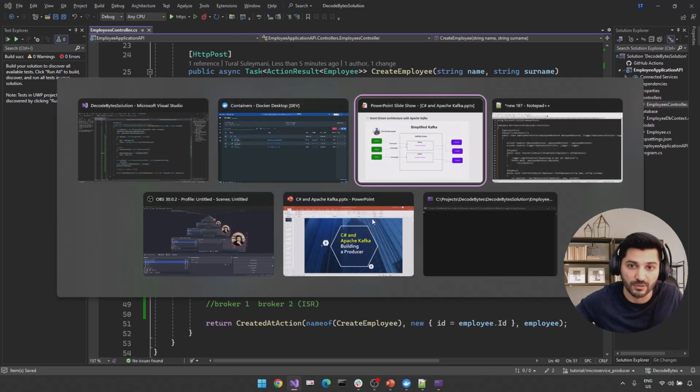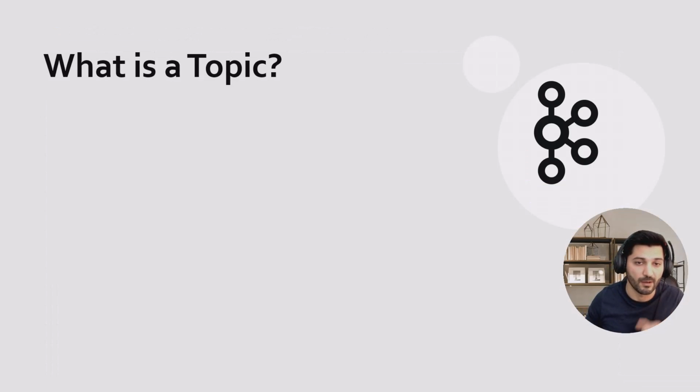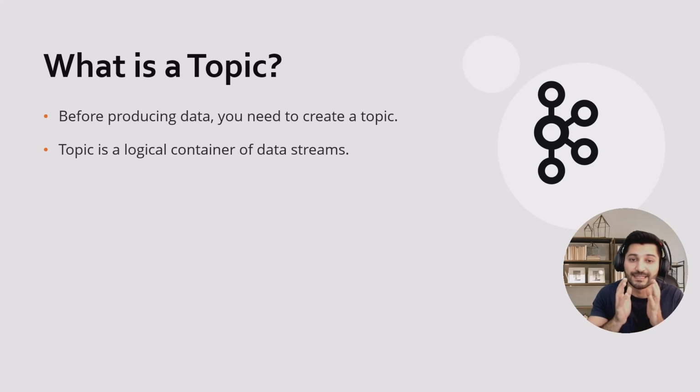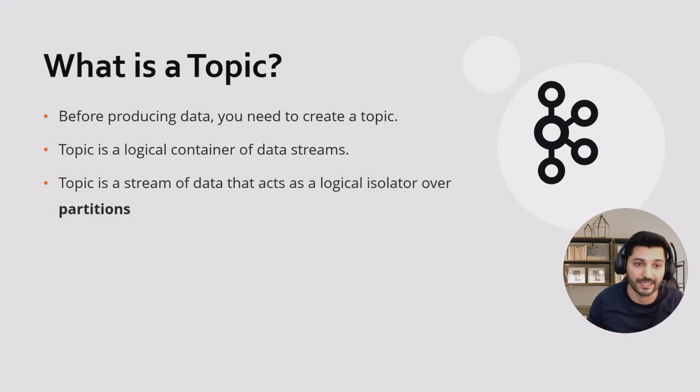Okay, topic is a virtual table in our Apache Kafka. Let's talk about it. So what is a topic? Before producing data, we need to create a topic. Topic is a logical container of data streams. So in SQL, we have rows, but in Apache Kafka, we have data streams. And this acts as a logical container over our data streams.